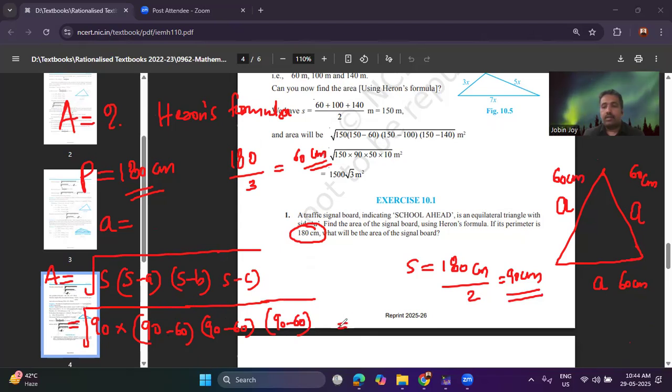So the final answer, when you simplify it, area will be equal to 1559.02 centimeter square. Simplify it and check whether your answer is correct or not.